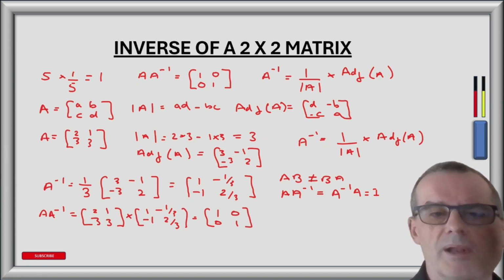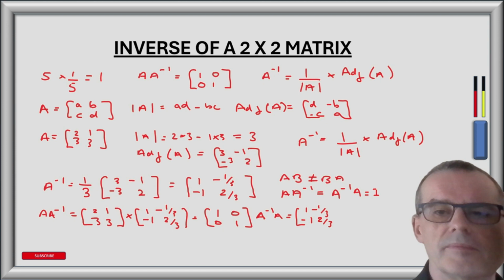So now we multiply the inverse of A by A. So that is 1, minus 1/3, minus 1, 2/3. That's multiplied by 2, 1, 3, 3.